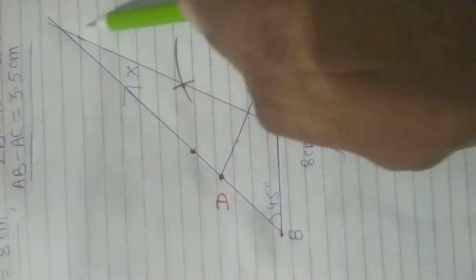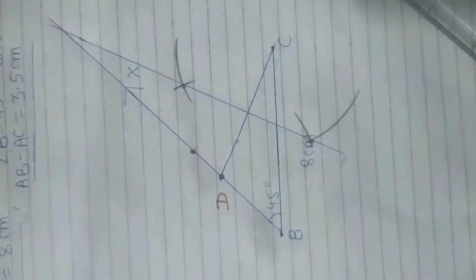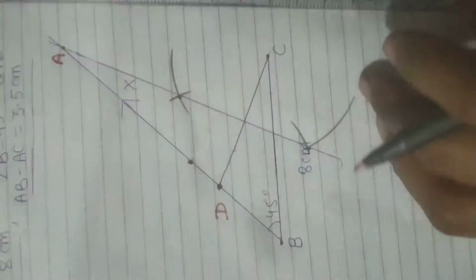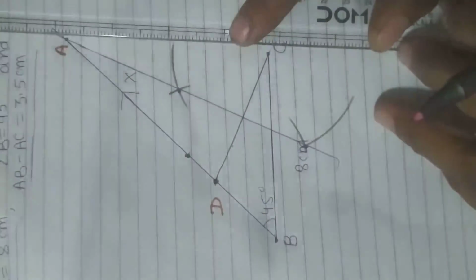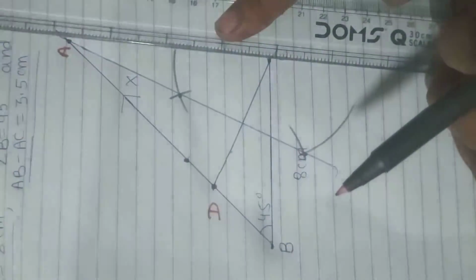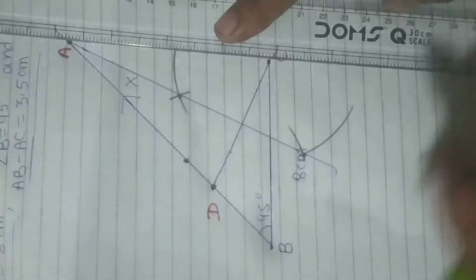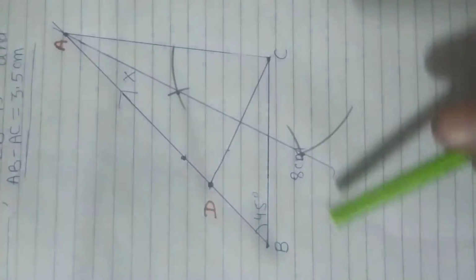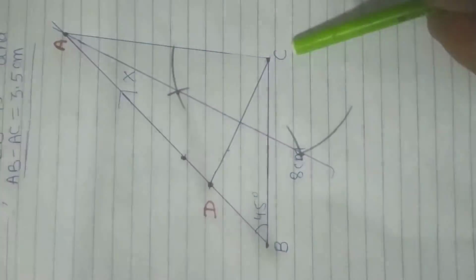Now see, these two are intersecting here and we will name the point as A. Also join A and C. This point is C, this point is A. I am joining A and C. So the triangle ABC is the desired triangle.